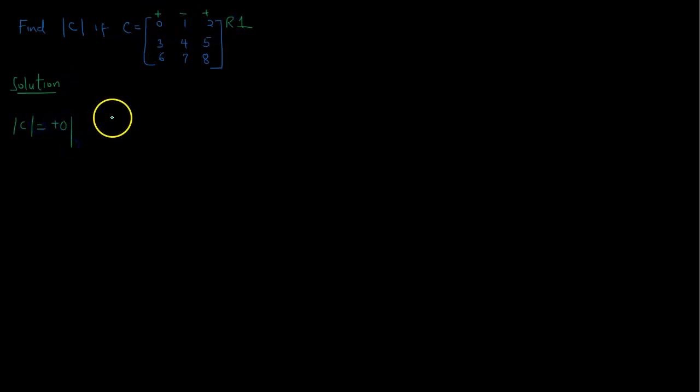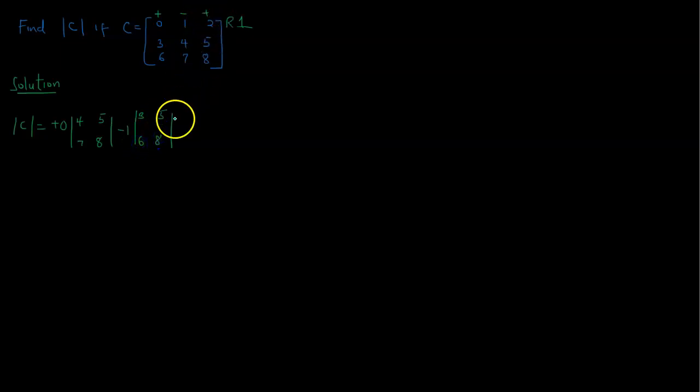Then we would close, 0 is in the first row and the first column. So we would close the first row and first column and be left with 4, 5, 7, 8. Then negative 1, that's the second one. Negative 1 is in the first row, second column. So we are going to close the first row, second column, and would have 3, 5, 6, 8.